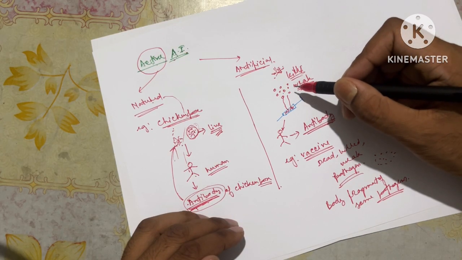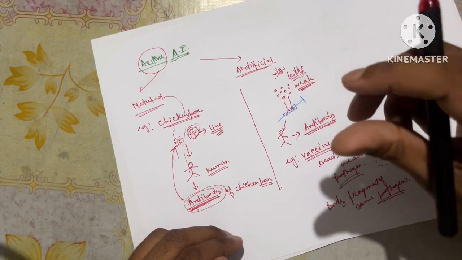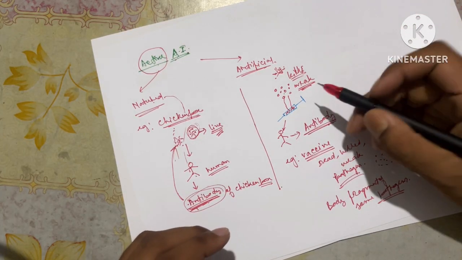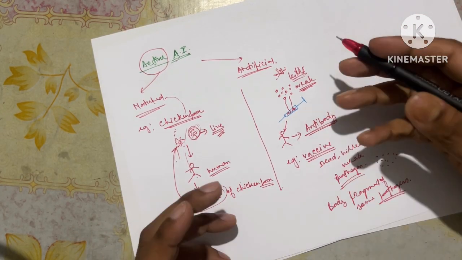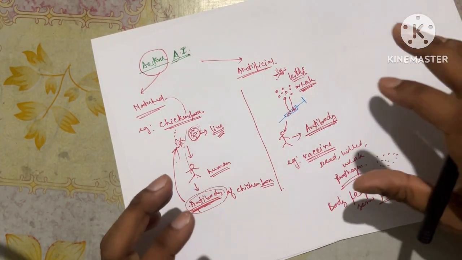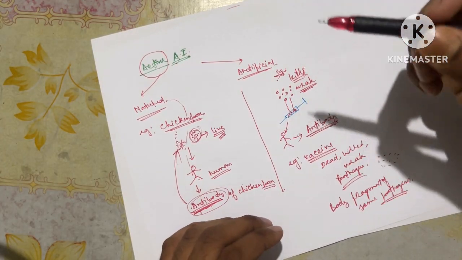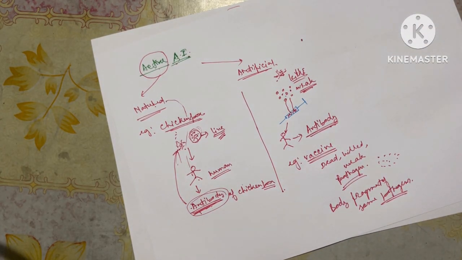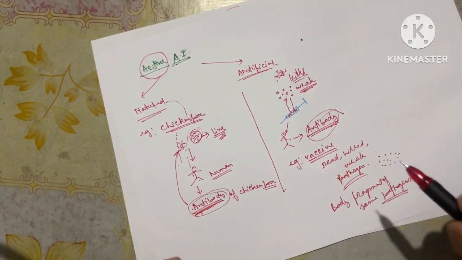Instead, we are injecting the body fragments of that pathogen, and when those fragments enter, our body will make the antibody against that pathogen. The body will remember that these are the body fragments of that bacteria or pathogen, and according to that, antibodies will be developed.